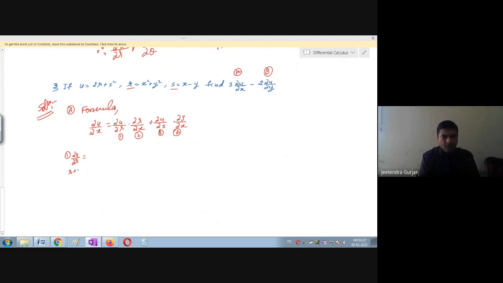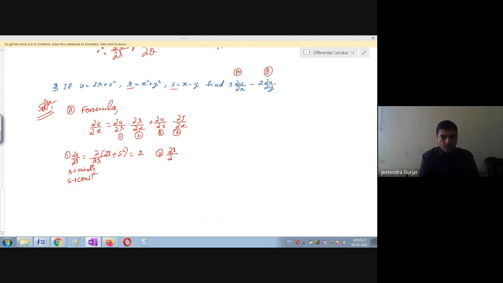Again, r is variable, right? So s is constant. So from the question you can see this is 2r plus s square. So the answer is 2. Is it clear?